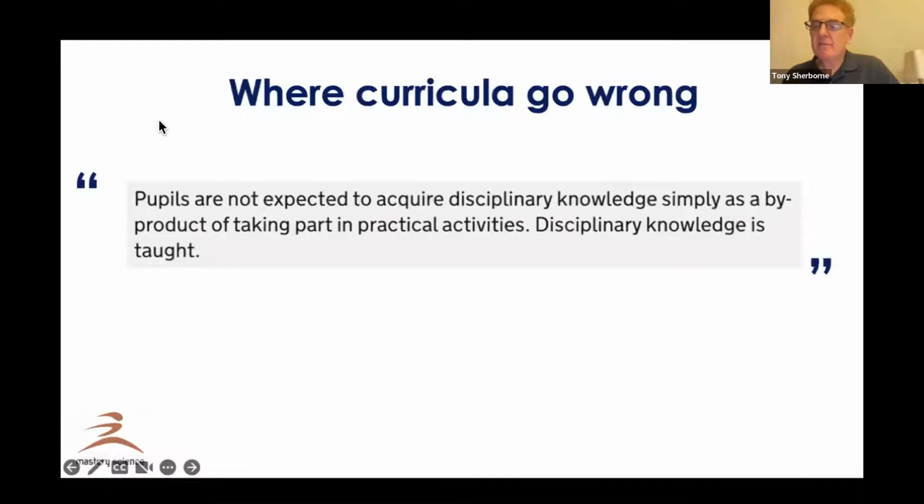Now, where do curricula go wrong? This is again from the Ofsted report. Well, the first mistake is to think that it's enough just to do practical work. This is the sort of theory that if you do enough experiments, then you will learn these skills, and that's all we need to do. But it turns out that doesn't work, because it's not just simple procedures that you get good at with practice.